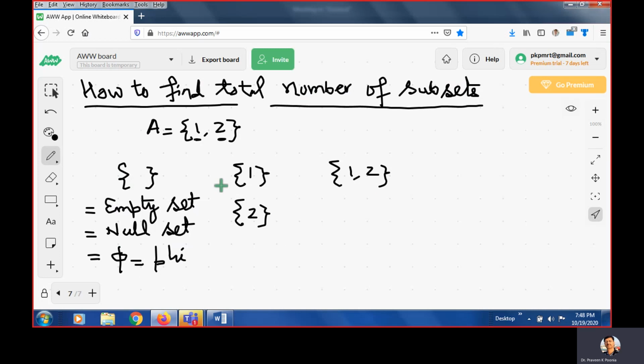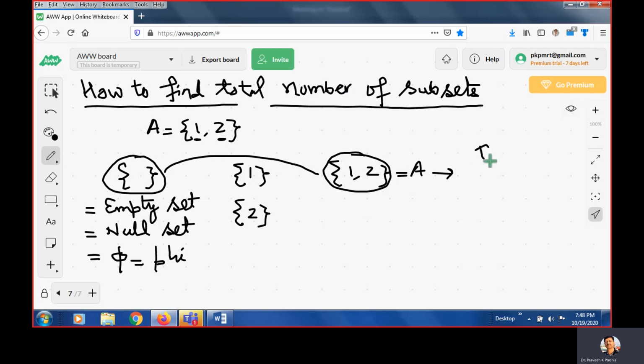And my dear friends, I want to tell you this is a special set. Why is this special? Because this has no element, no object, and this has all objects. So this one is phi, and this one is equal to A. These two sets are called improper subsets.